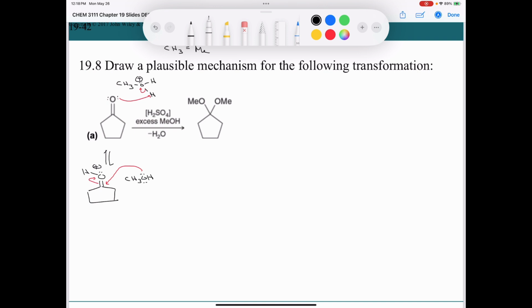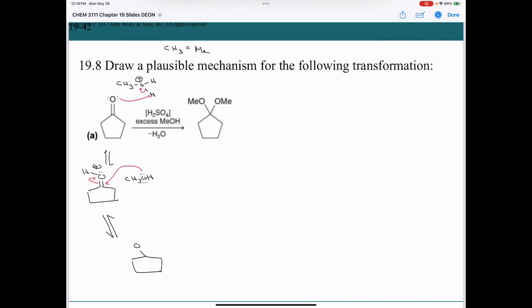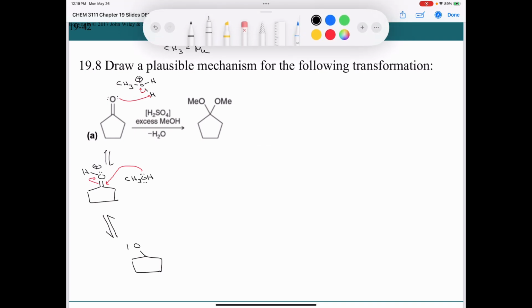And then we're going to draw the intermediate that results. So we're going to end up with our hydroxyl group in place, like this, and then we're going to have our OCH3, but it's going to be protonated. And so in order to get to our hemiacetal, we need to do another proton transfer, and of course there's going to be more methanol in the equilibrium to function as a base.